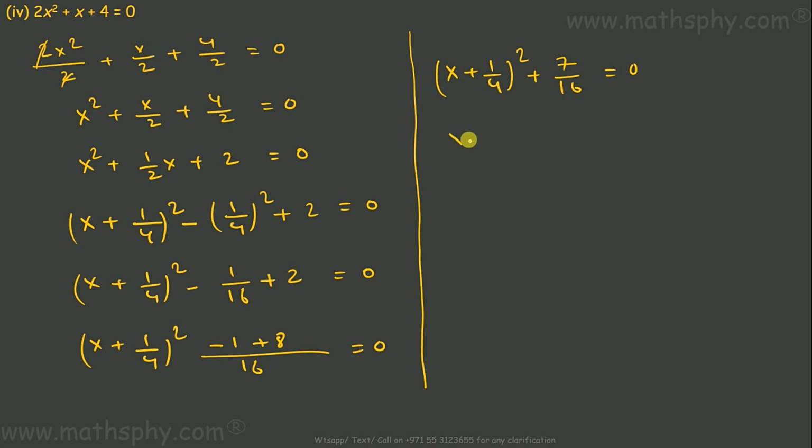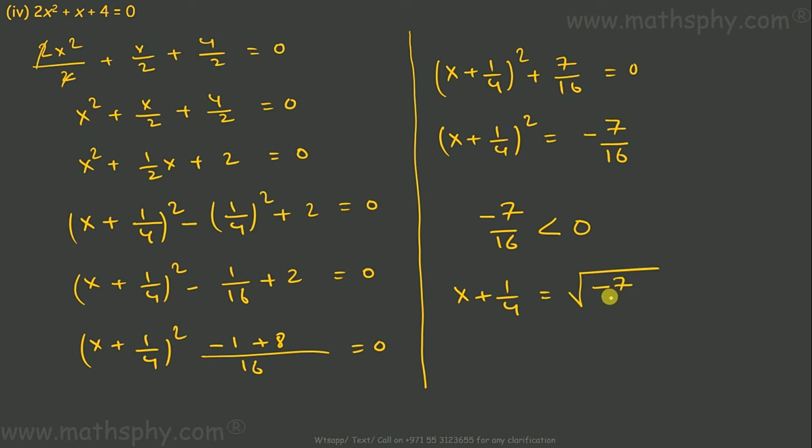Now x plus 1 over 4 whole square will be equal to negative 7 over 16. Now if you see, negative 7 over 16 is less than 0. Now if you try to solve it, this will be root negative 7 over 16, which is not possible.